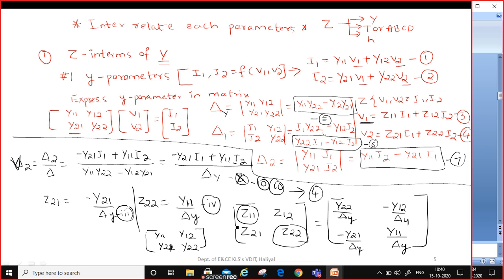Okay, so is that clear now regarding expression of z in terms of y? Yes, sir. One of the questions you can expect, they may ask you z in terms of y, a, b, c, d, or h parameters, or other possibilities also: y in terms of z, t, h; t in terms of z, y, h; and h in terms of z, y, and t parameters.